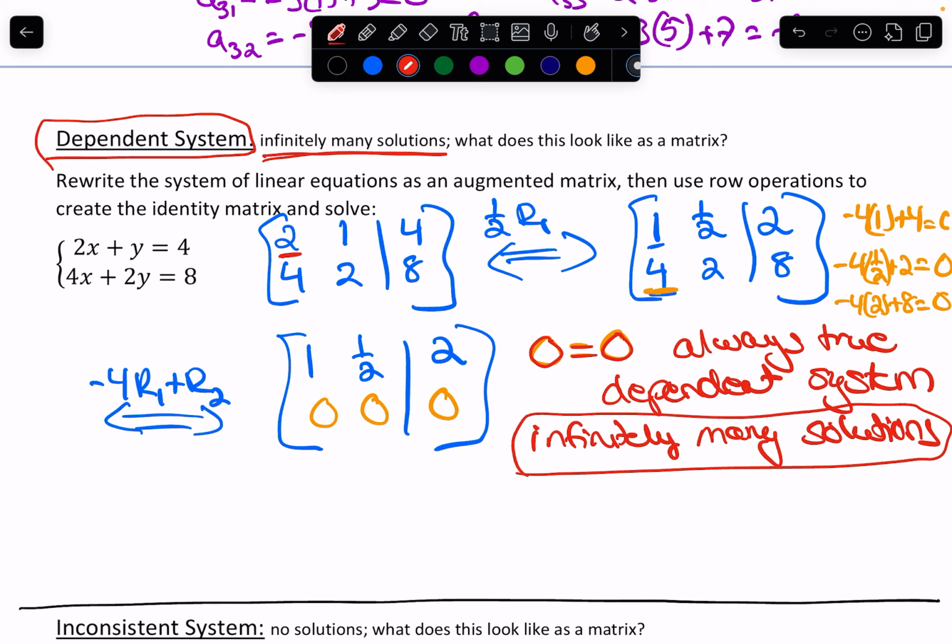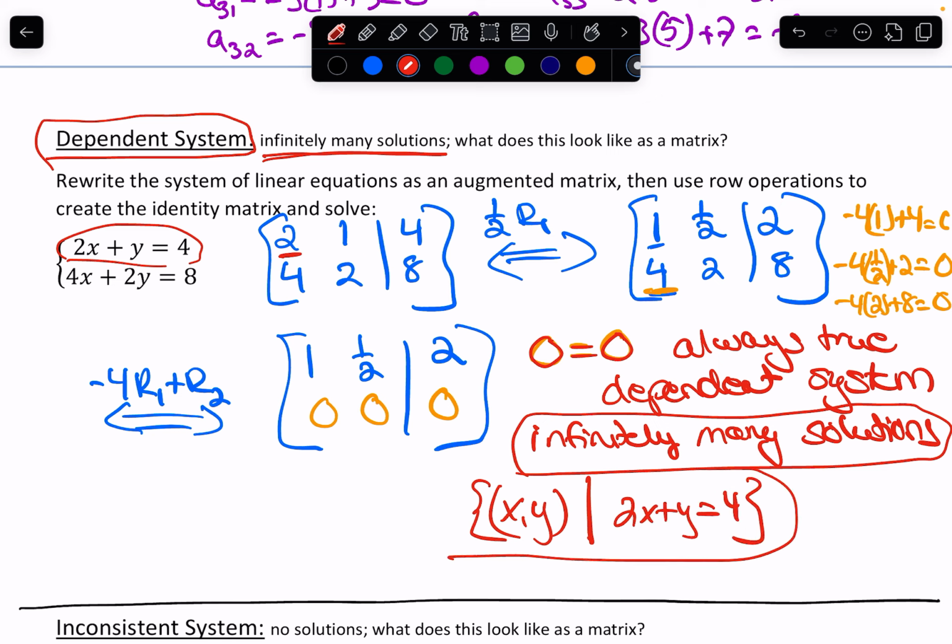We can either say infinitely many solutions, or we can take, for example, the top one here and say that the ordered pair xy is such that 2x plus y equals 4, and close the braces like this. So that is what a dependent system looks like.